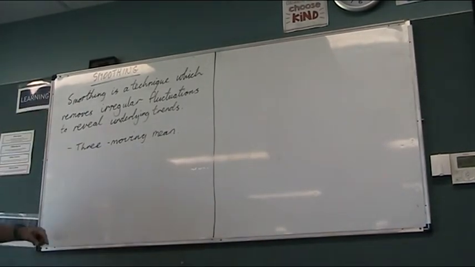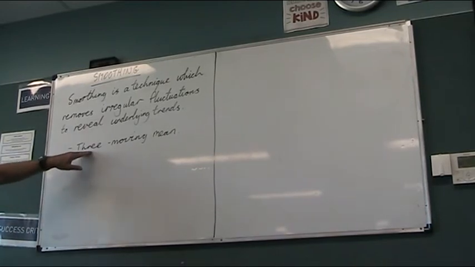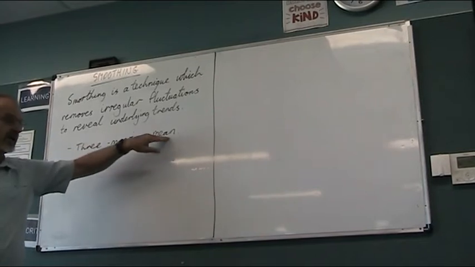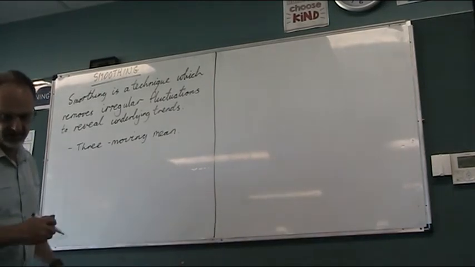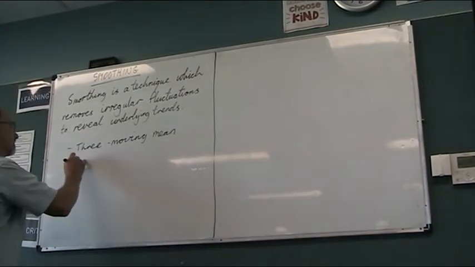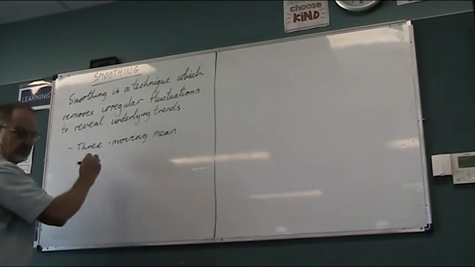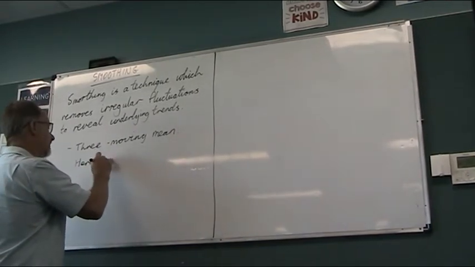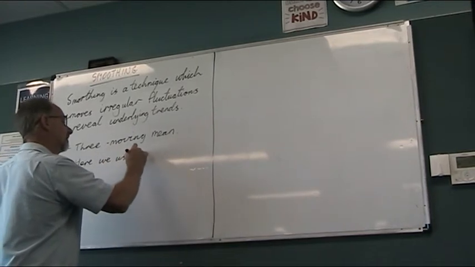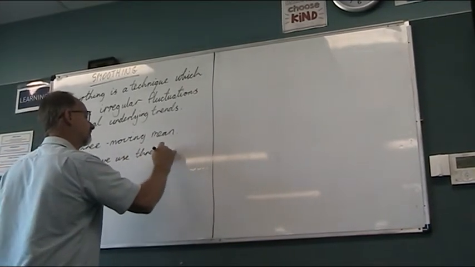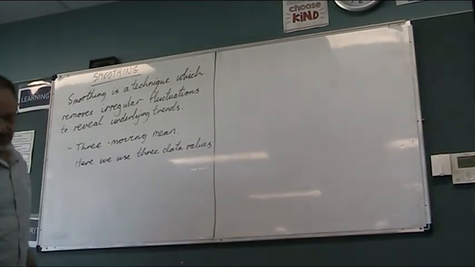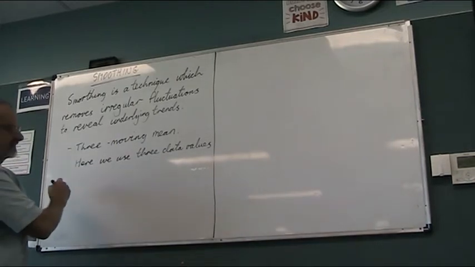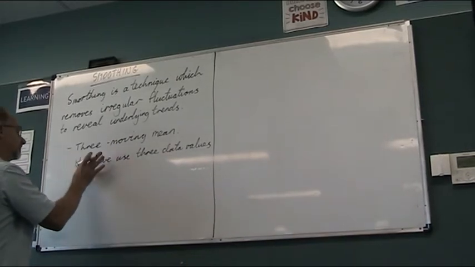So the three moving means. It's a mean. The three data values we use to calculate the mean, and that moves along. And I'll show you an example in a minute. So here we use three data values to find the mean for a particular time.